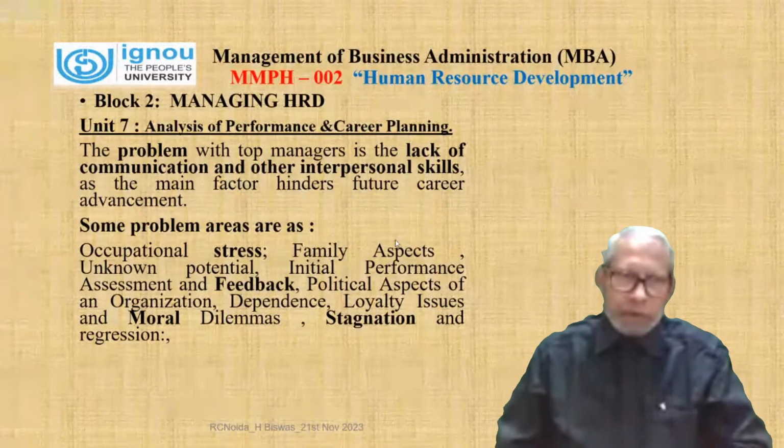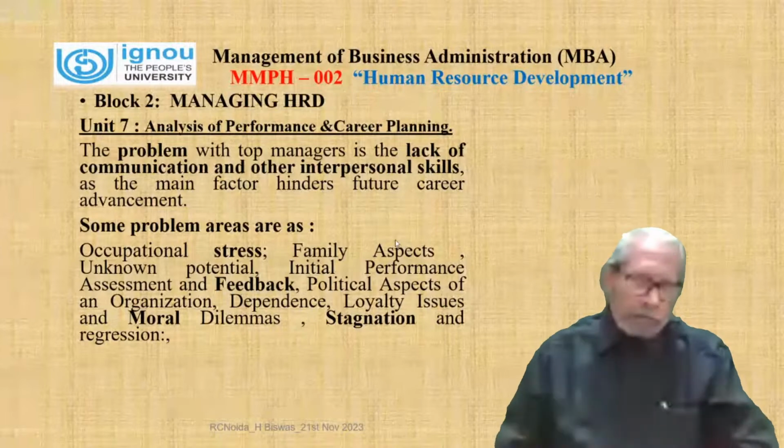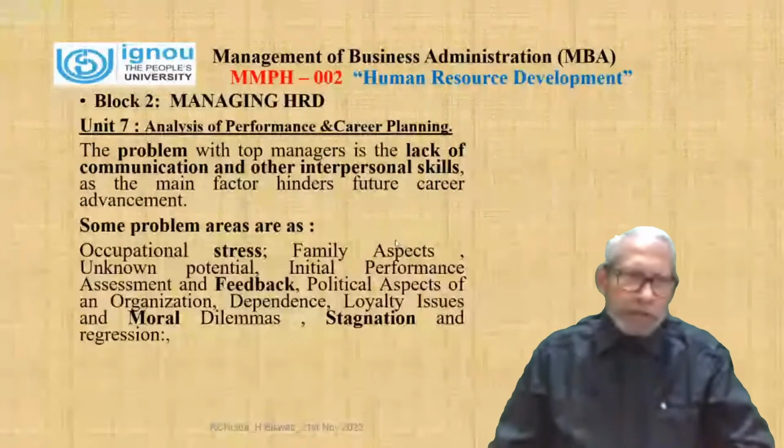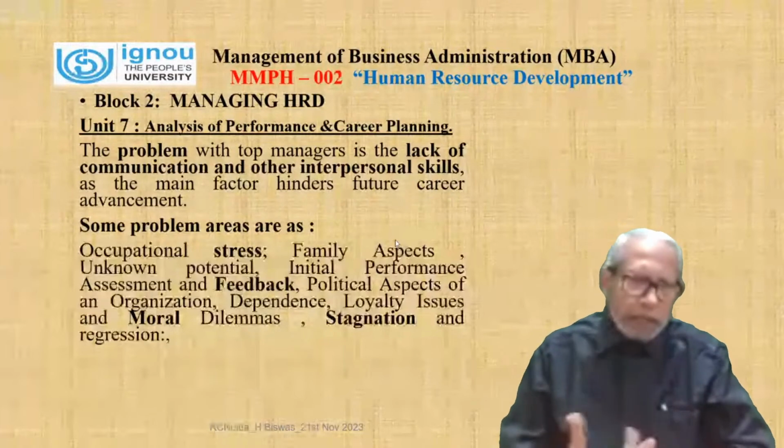So these are the areas to look after. Another problem area is stress. Occupational stress is important, because if the employee is overloaded, not getting interested in the job, not happy, or the work is monotonous, everything is considered a starting point of stress.